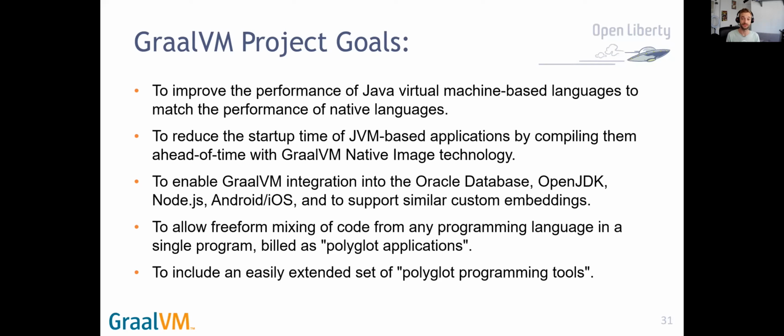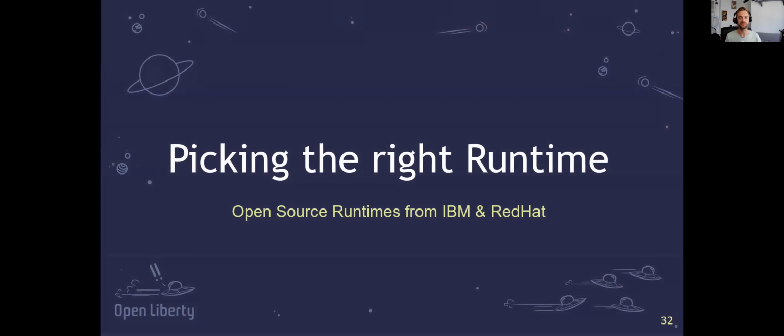There are lots of languages that are more suited for different applications, so it allows you to use lots of different languages. And it includes loads of different polyglot programming tools. So those were the main project goals for Graal VM. Now, of course, there are disadvantages. Compiling ahead of time does have detrimental effects on things like throughput, but we'll talk a little bit about that later.